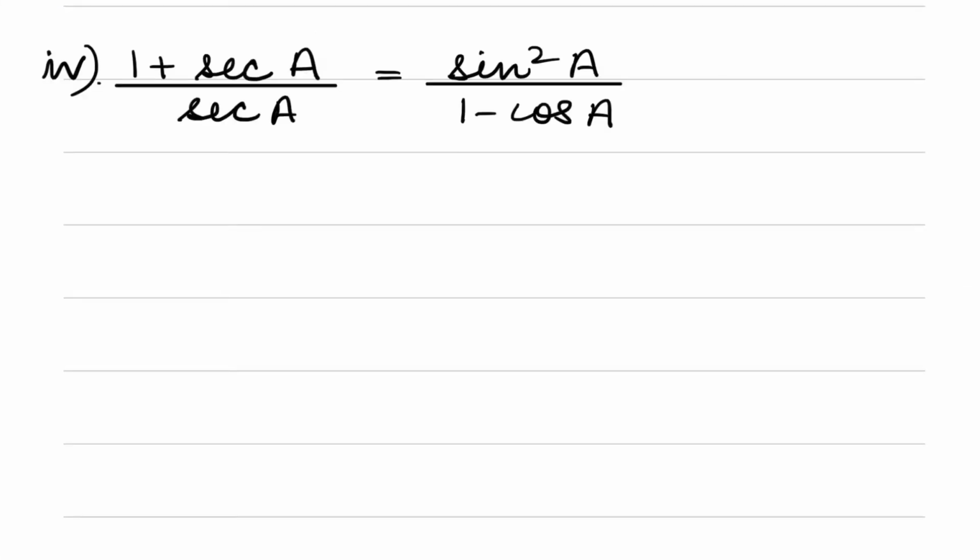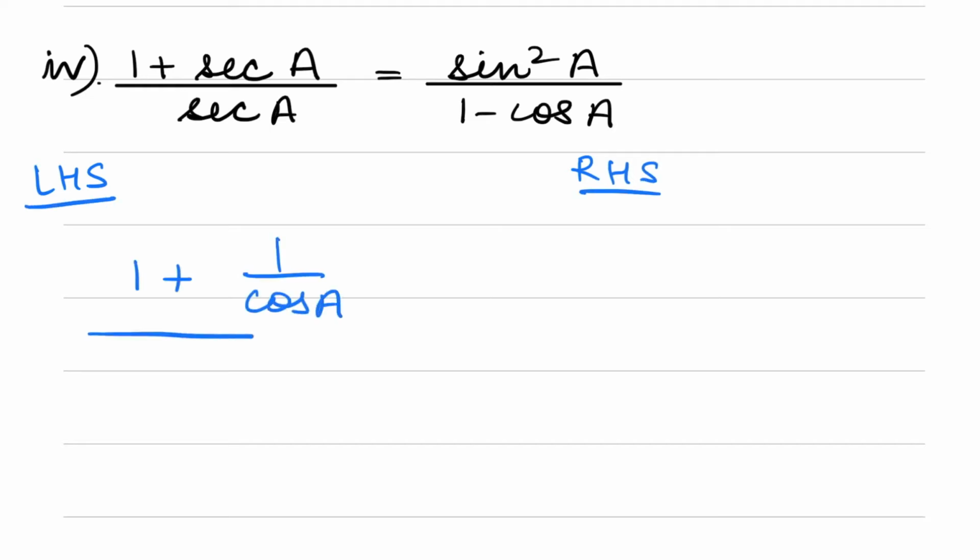Let's move to the fourth part, which says 1 plus sec a by sec a is equal to sin square a divided by 1 minus cos a. Here I think we are going to solve the left hand side and right hand side simultaneously. 1 plus 1 by cos a.